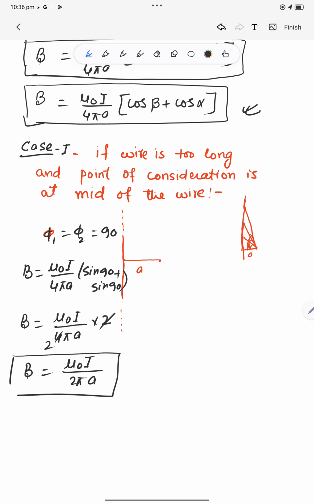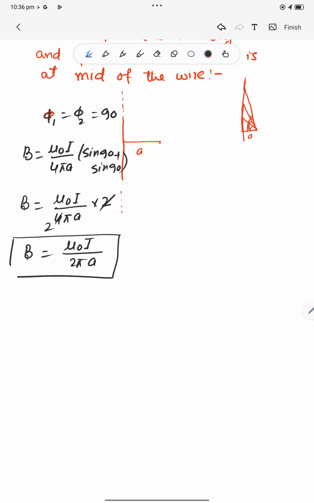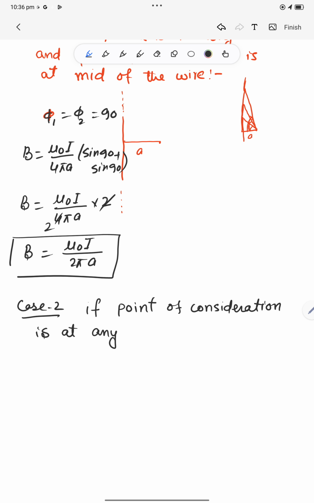Now the second case, case 2: what if the point of consideration is at any one end of a long wire?